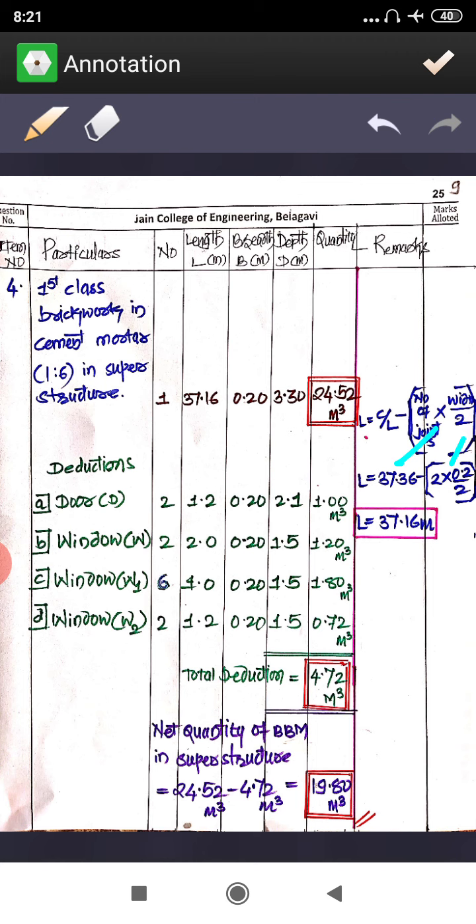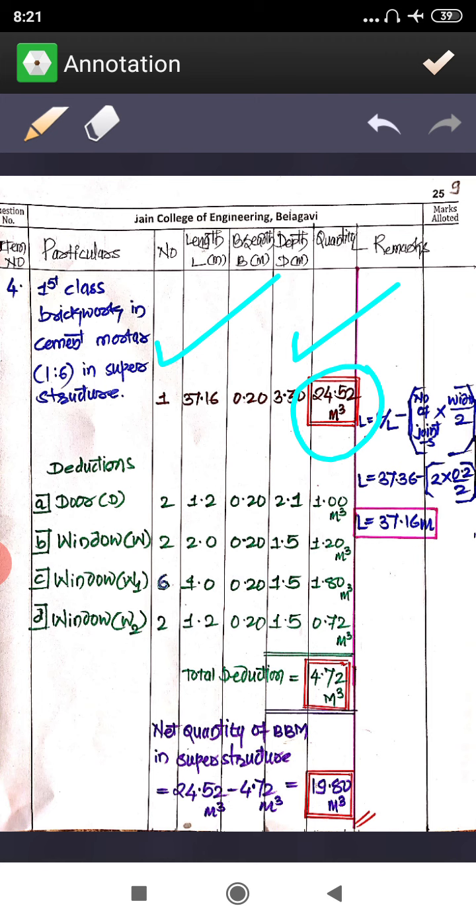So I will get the length as 37.16 meter. Now the number is 1, length is 37.16 meter, width is 0.2, and the depth is 3.3. That depth is there in the cross section. So the quantity you will have is 24.52 meter cube.